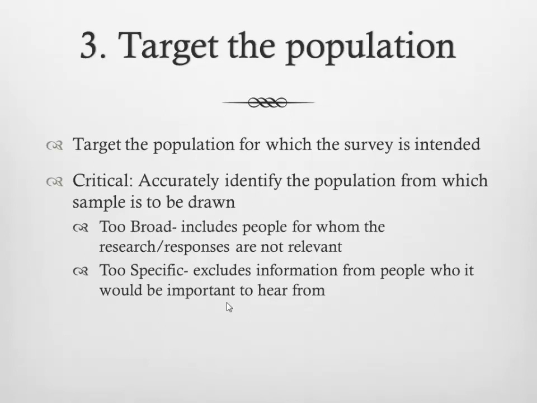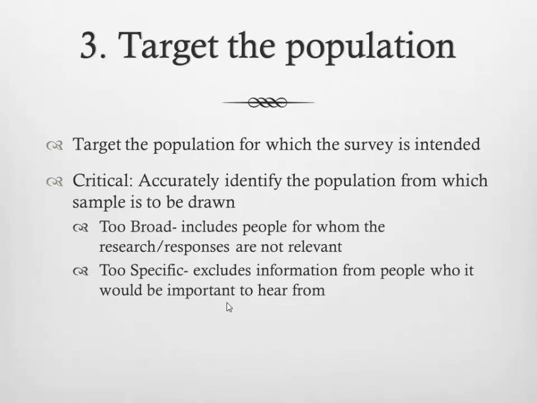If you get too broad of a sample, then you will include people for whom the research is not relevant, and that will reduce your response rate. Or you'll get information from people who aren't really familiar with the issue or question or experience about which you are trying to gain information.